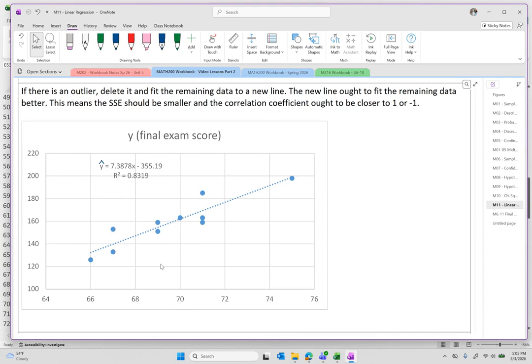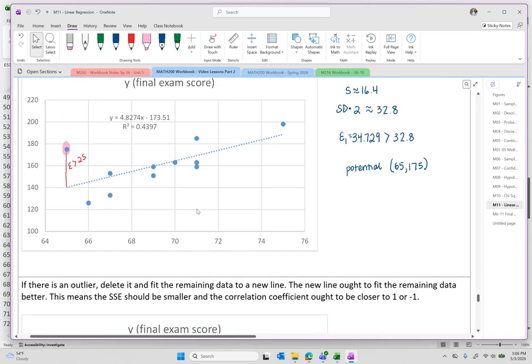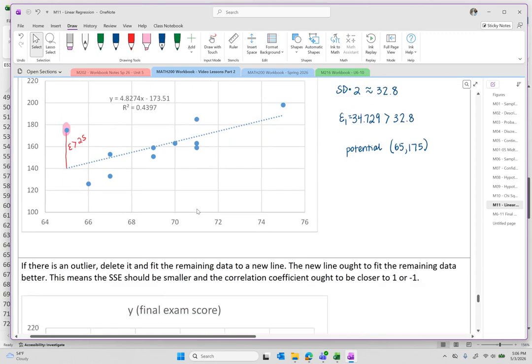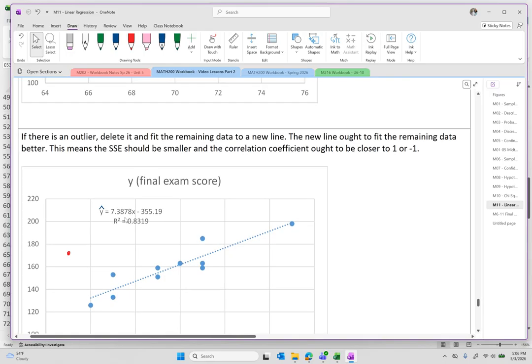So here we have removed this point that had 65 for the third exam score and 175, and then we calculated the new line, and for the new line we got a better R squared. The previous R squared was 0.4397, and this R squared is 0.8319.